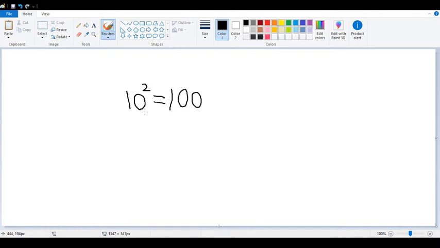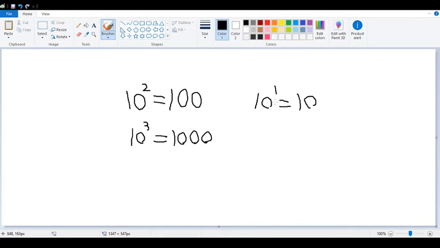So the square of 10 is 100, which has 2 zeros in it. The cube of 10 is 1000, which has 3 zeros. Going by that logic, 10 to the power of 1 would still be 10 because there's 1 zero in it.